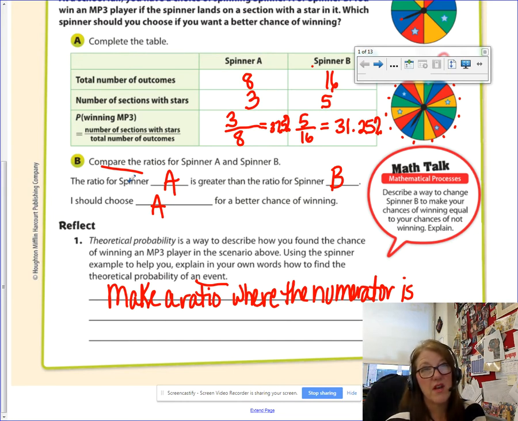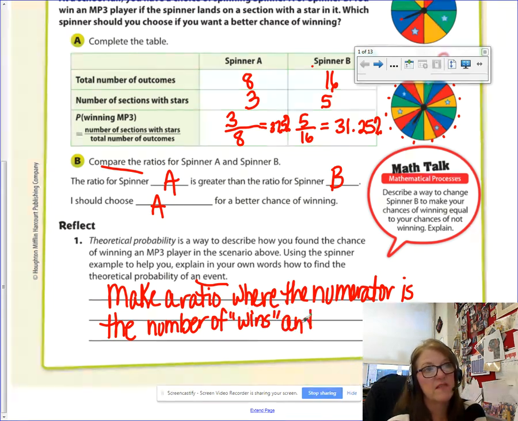this would be the actual outcomes that we're desiring, or the wins, if we want to talk about it that way, is the number of "wins." I'm going to put wins in quotation marks. Okay. And the denominator is the total possible outcomes.